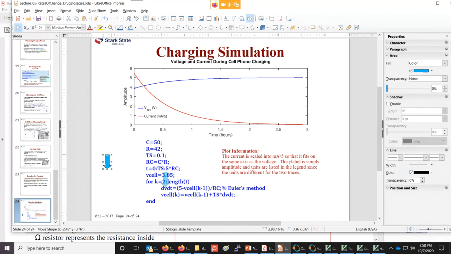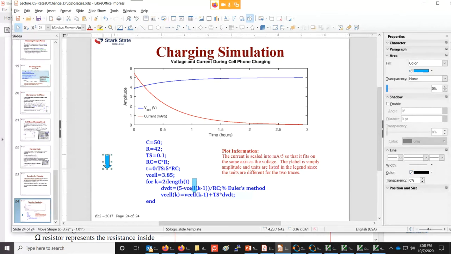We're going to find out how fast the voltage is changing, which is the 5 volts of the power supply minus the voltage of the cell at the present time, divided by that time constant RC. So that's how fast the voltage is going to change. And then we're going to calculate the next voltage.